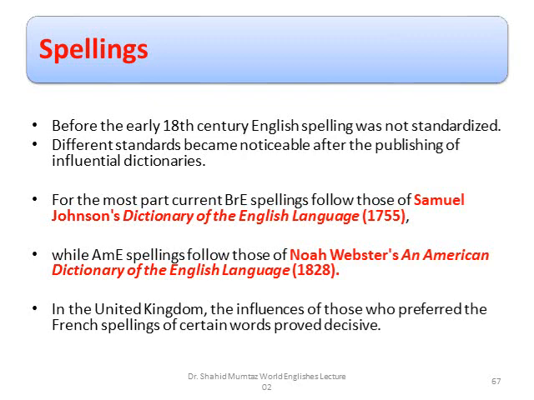For the most part, current British English spellings follow those of Samuel Johnson's Dictionary of the English Language, while American English spelling follows those of Noah Webster and his American Dictionary of the English Language, which was published in 1828. In the United Kingdom, the influence of those who preferred the French spellings of certain words proved decisive.